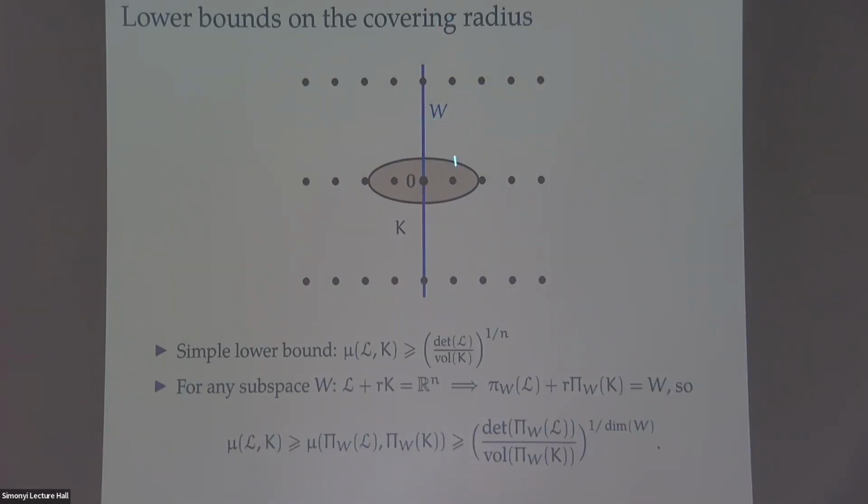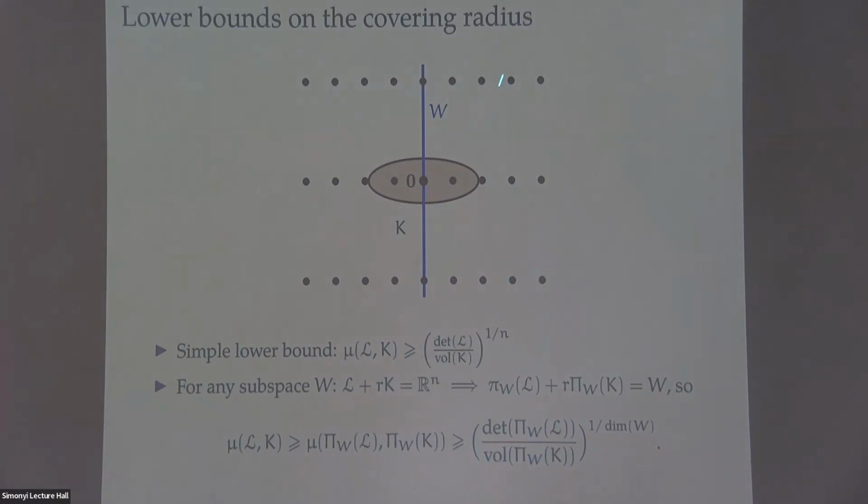The observation is that if I cover the entire space, I can project onto W, and this will still result in a covering of W. Why is this? Because the projection is a linear map. So what does this mean? It means I can apply the same lower bound I had before, but restrict it to my subspace W.